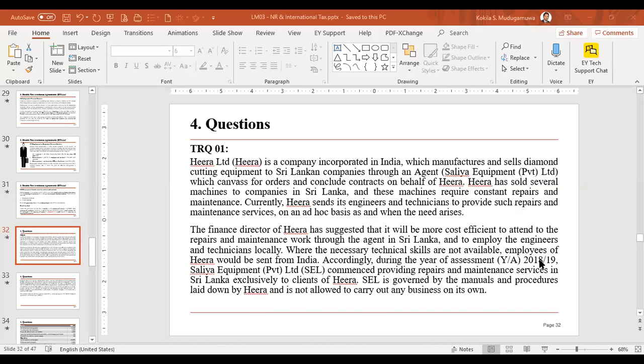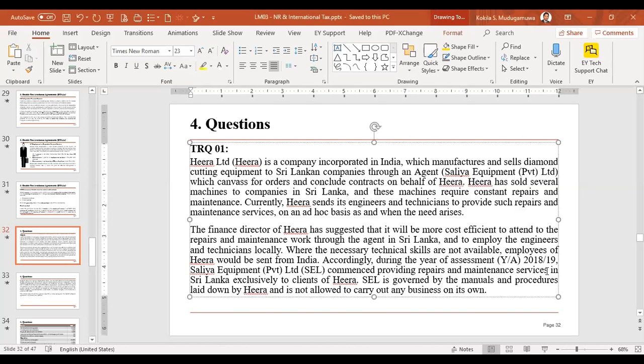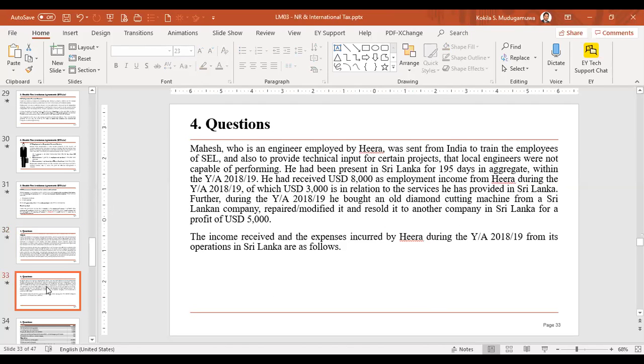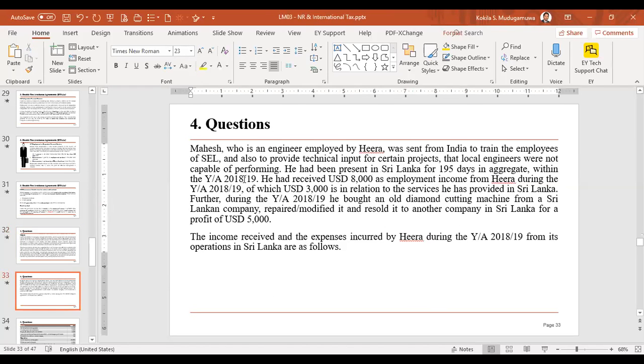For your exam purposes, it is better if we analyze 1920, as you're sitting the 1920 exam with the changes. I'm changing all the years of assessment here to 1920.